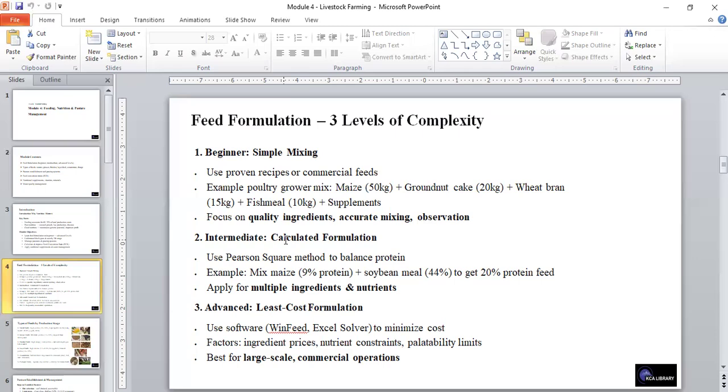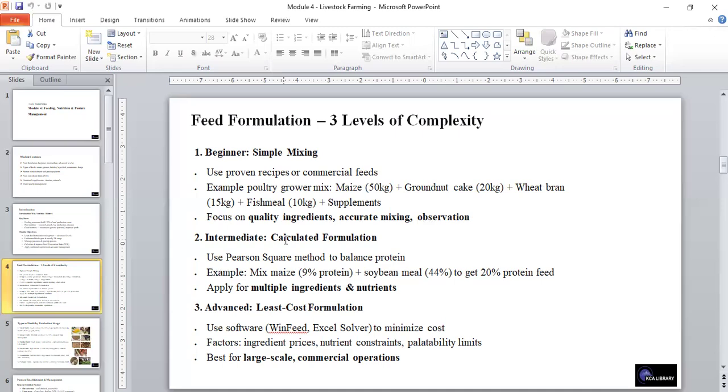Example is you mix maize 9% protein, soya bean meal 44% to get 20% protein feed. So this actually requires technicality. It is applicable for multiple ingredients and nutrients.